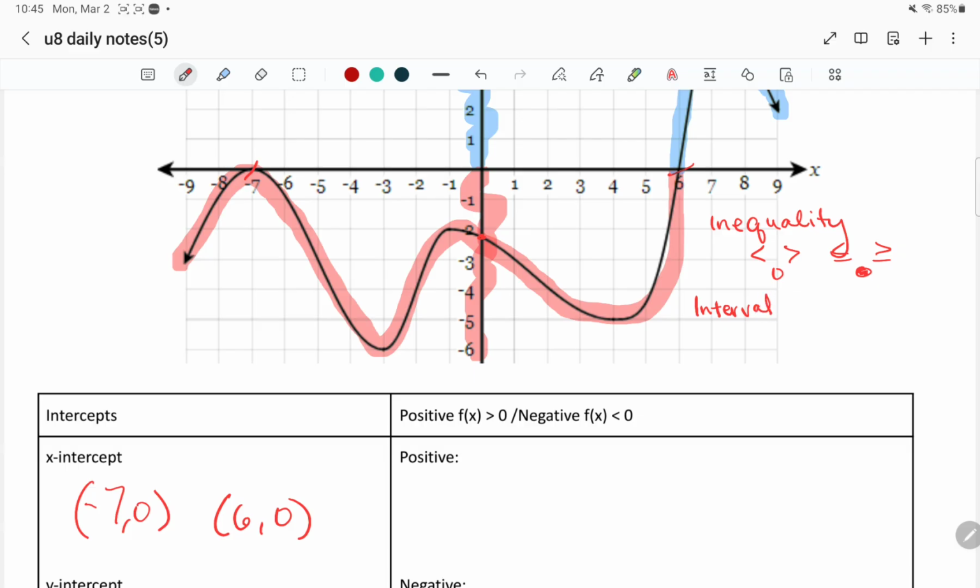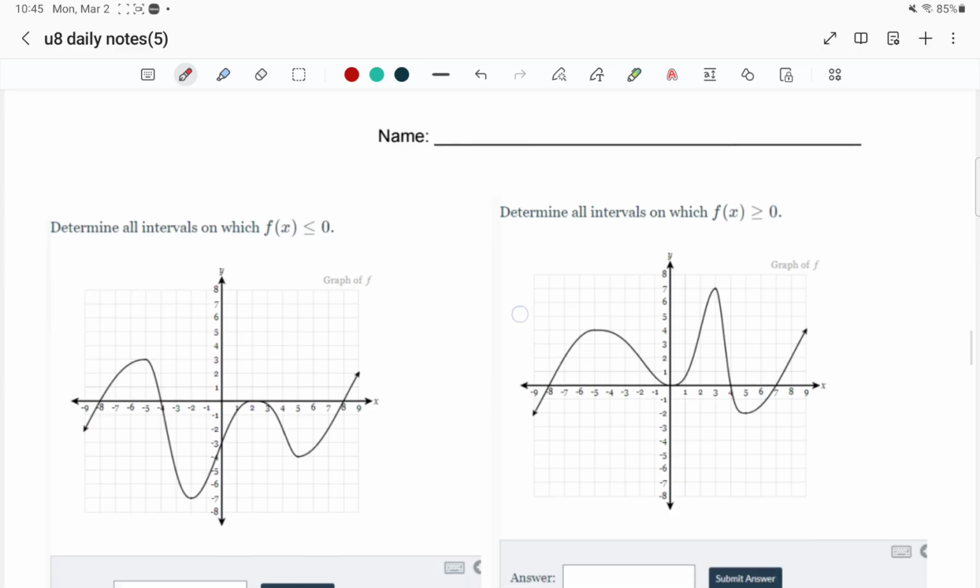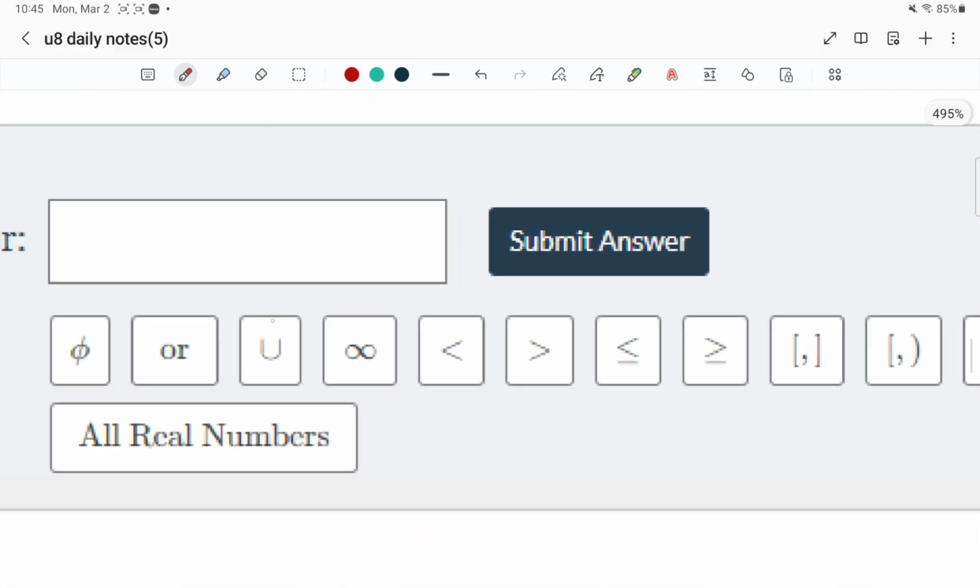It doesn't require an x or a y in the middle. So with interval notation, we're going to look at the infinity symbol, which hopefully you know what that means. It means forever. And this means or. It's like a big U. Here, if I scroll down just a little bit, it's a button on your Delta Math, okay?